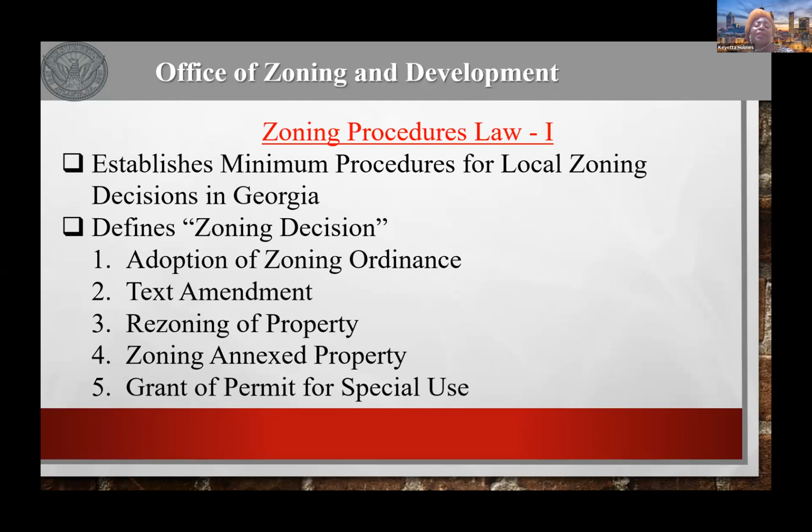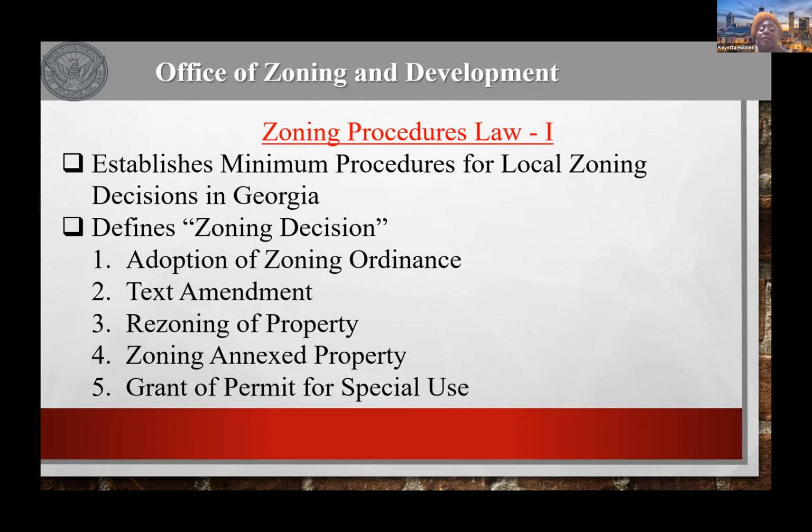So there is a minimum procedure by which an application goes through the process of a rezoning, and then ultimately at the end, a zoning decision is granted by City Council as the legislative body of the city. This procedure is established by the state of Georgia, and it is called the ZPL for short, or Zoning Procedures Law.